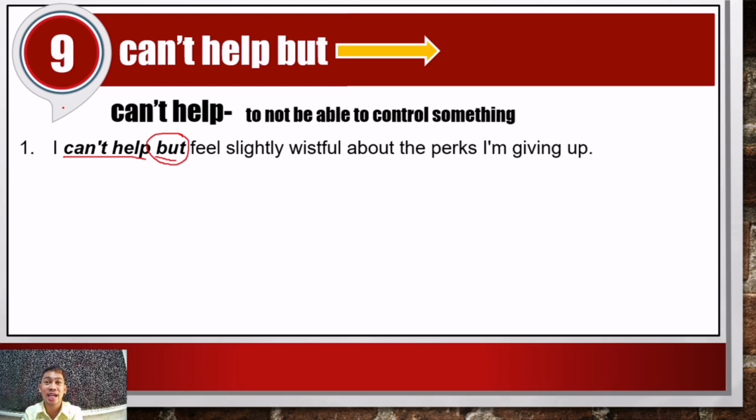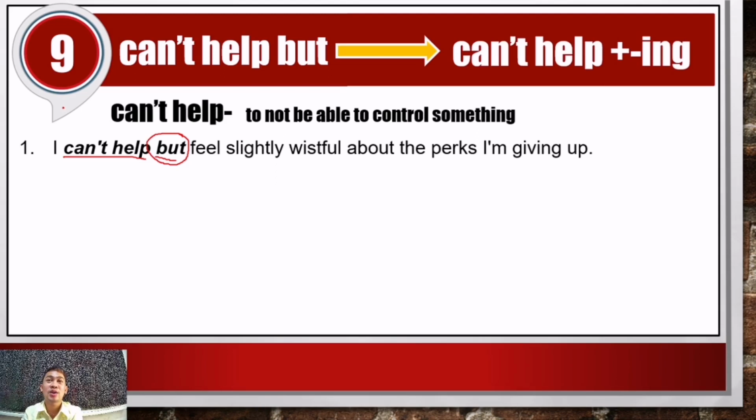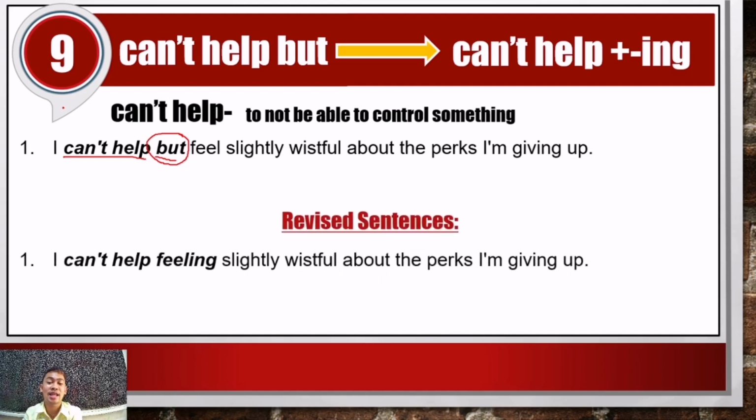So specifically, it functions as a direct object. So you just need to consider this: can't help plus the ing form of the verb. Can't help what? The one that answers the question what is our direct object. All right? So the revised sentence goes like this: I can't help feeling slightly wistful about the perks I'm giving up.